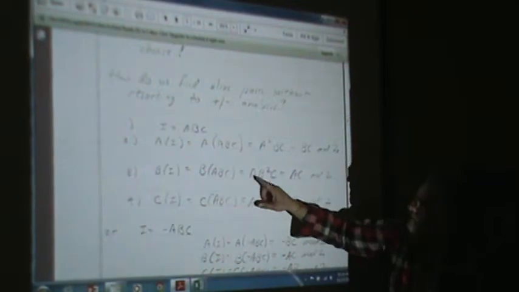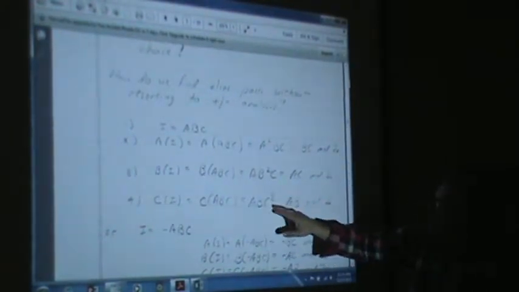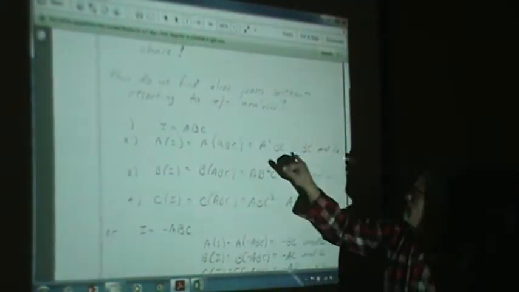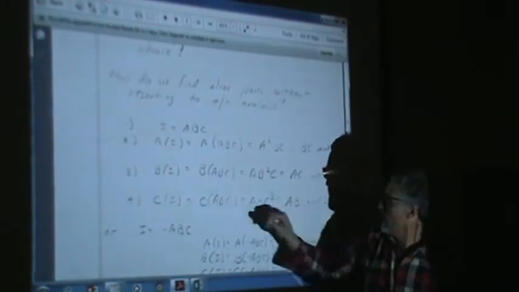Multiply by B, mod with 2, you still have a 1, that becomes a 0, that's a 1, you have AC. C times that, mod it with 2, that's still a 1, that's still a 1, that goes away and becomes a 0. So what you saw, look, remember, A and BC were aliased, B and AC, C and AB were aliased.